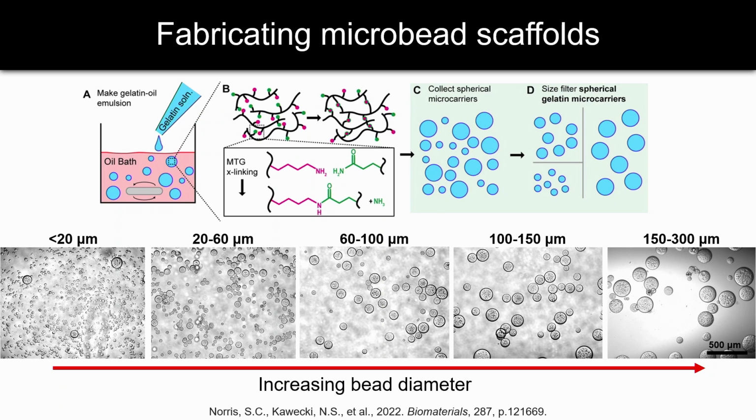To begin investigating this, I used our previously described protocol to fabricate gelatin microbeads using water and oil emulsions cross-linked with transglutaminase. I can then size filter them to have beads of different size ranges, all the way from less than 20 micron in diameter to 150 to 300 micron in diameter.